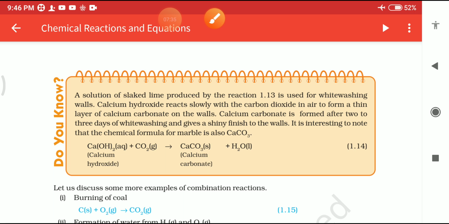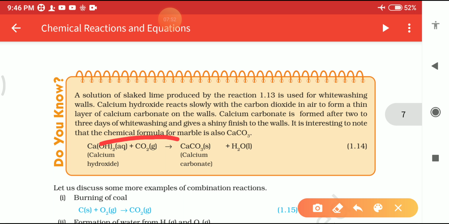Calcium carbonate is formed after 2 to 3 days of whitewashing and gives a shiny finish to the walls. It is interesting to note that the chemical formula for marble is also calcium carbonate. Yes, the chemical formula of marble is also calcium carbonate. So this reaction also comes under the combination reaction.